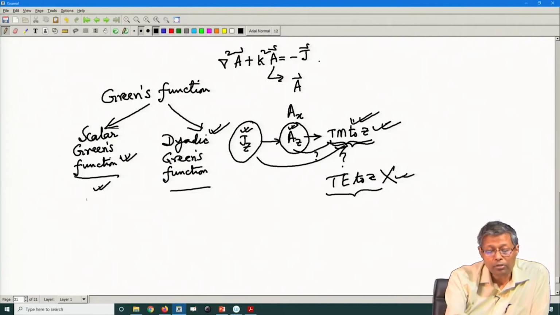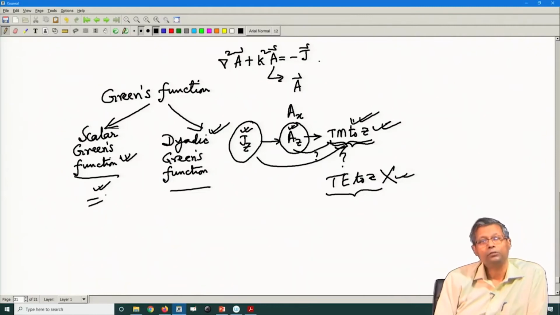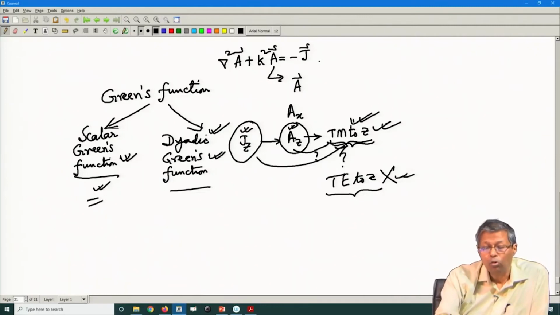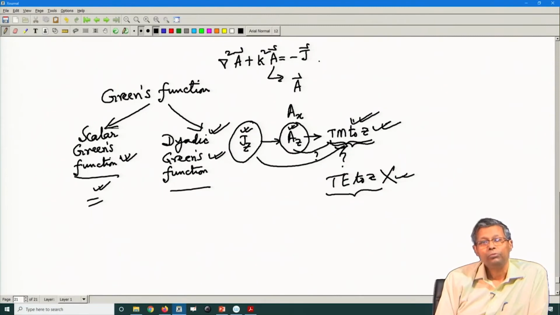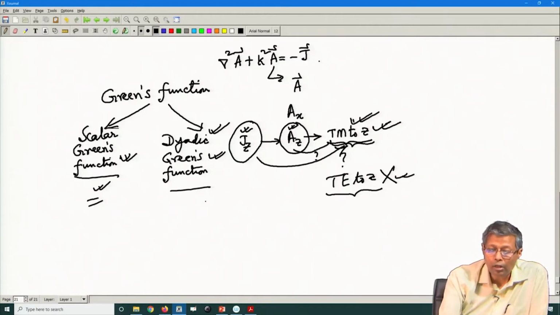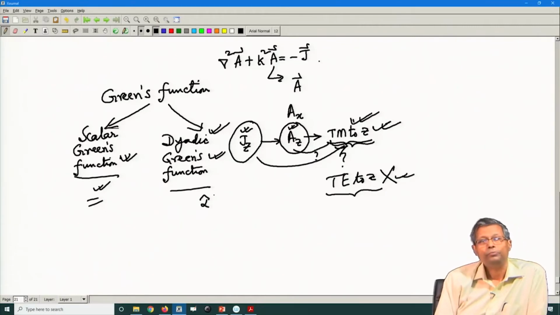So, my problem has to start from scratch, but the dyadic Green's function group, because they have taken into account all the modes, their code is general. They do not care if their source polarization has changed. In fact, they deal with an alpha directed source.